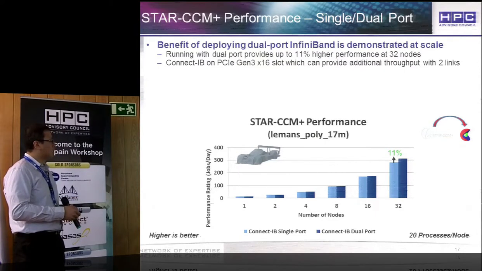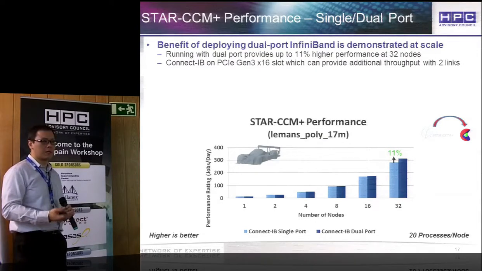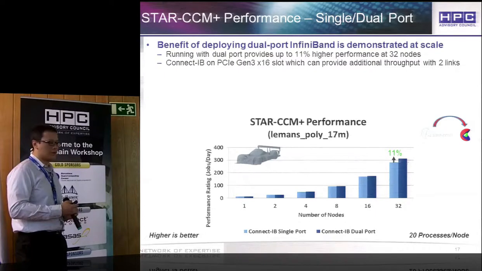Another thing I took the time to try was to see if there's any difference between using a single port versus a dual port. It's something I get asked sometimes, because there's an option to use a single port for InfiniBand versus a dual port for communication.